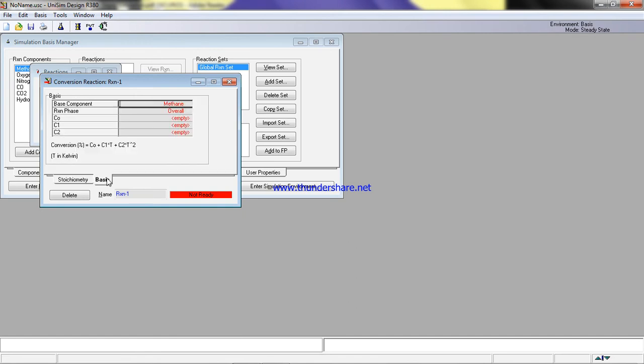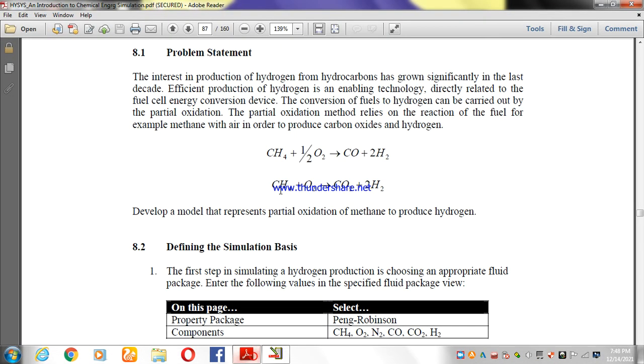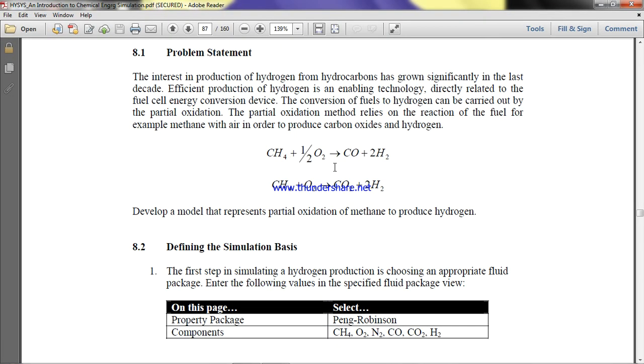Then that's the stoichiometry. You now come to basis. At basis, from year 1 chemistry, you might have been taught how to estimate the reactant that is limiting reactant and the one that is in excess. So from here now you see that methane here is the limiting reactant, or the reactant that is most expensive.